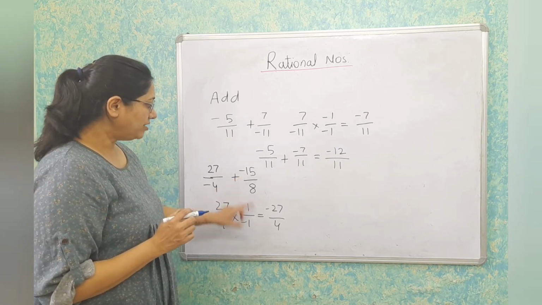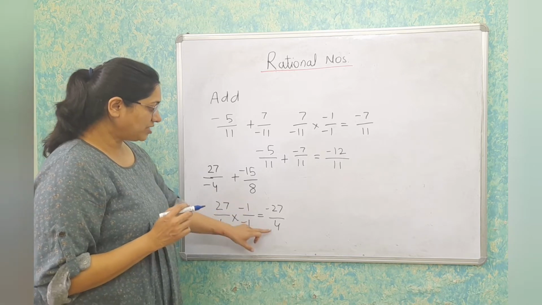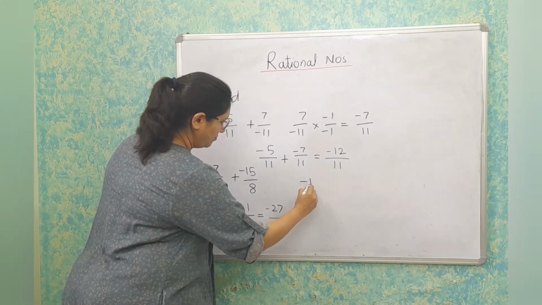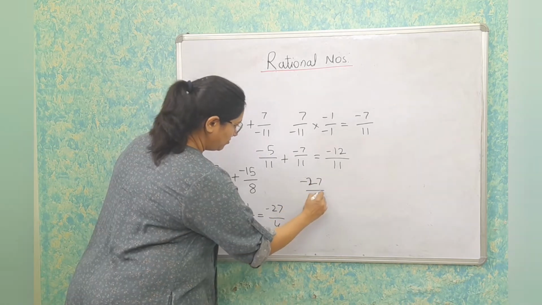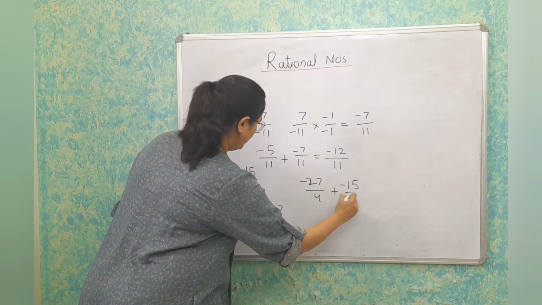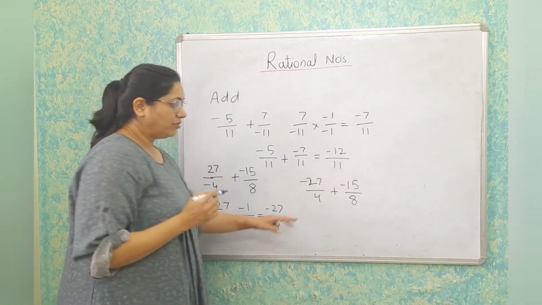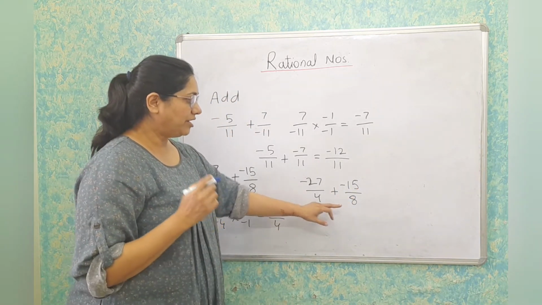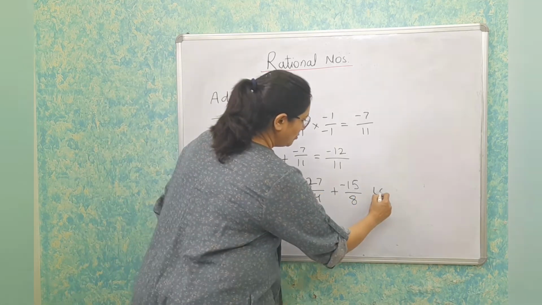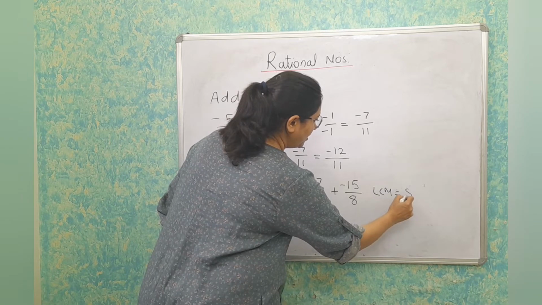Now I have to add these two numbers, but denominators are different. So first I will write minus 27 upon 4 plus minus 15 upon 8. Now I have to change the denominator and make them the same simply by taking LCM. So LCM of 4 and 8 will be 8.